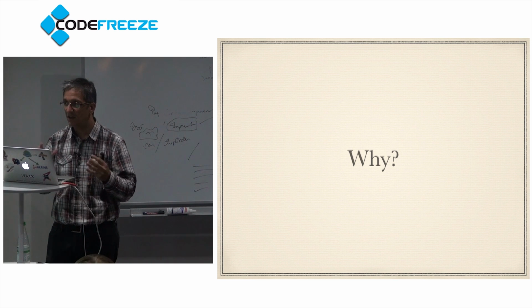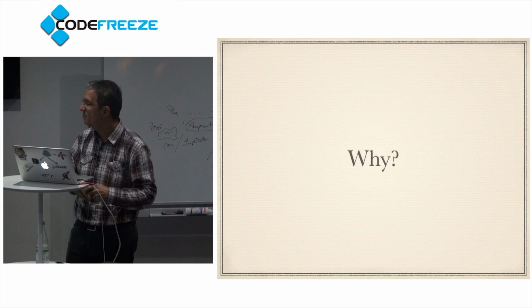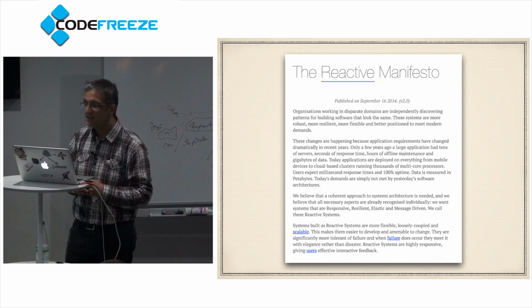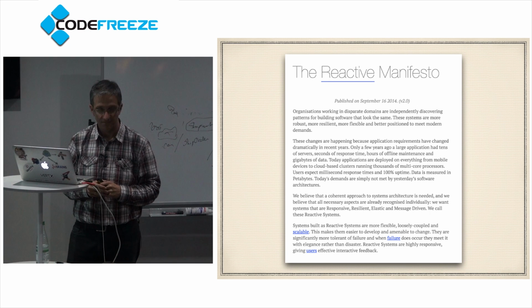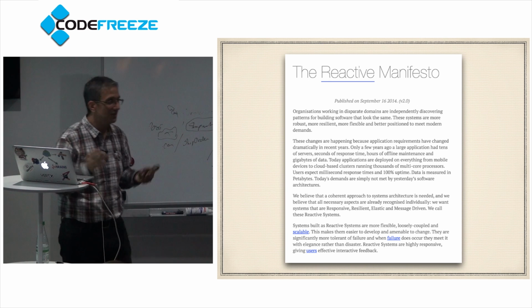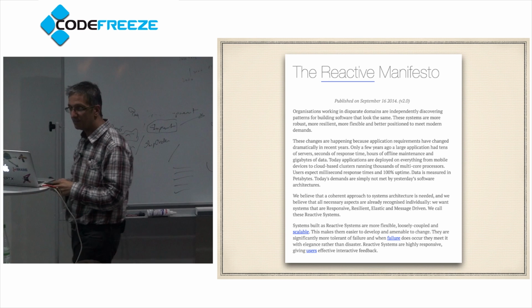So why? A lot of the things that I talk about, I always want to start with the why, which is a very, very important question you have to ask yourself. Because there's a reactive manifesto. So I read this and it says we have to go reactive. And I said, well, that's good enough for me, right? So if we have to go reactive, I will start to go reactive.